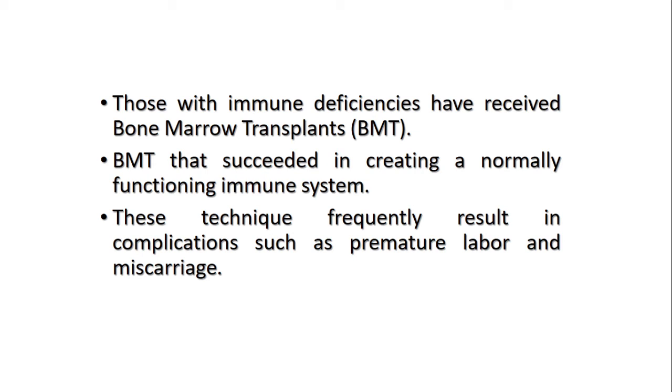frequently result in complications such as premature labor and miscarriages. See, there are also problems that occur because of this method. See, premature labor also happens, premature birth may take place, or miscarriage also happens.